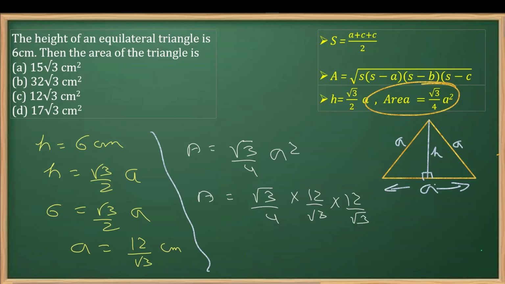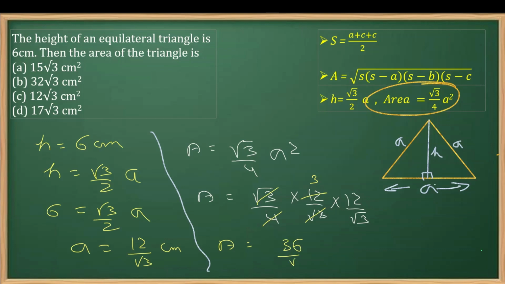One root 3 gets cancelled, and 4 threes are 12. So we got the area as 36 root 3.